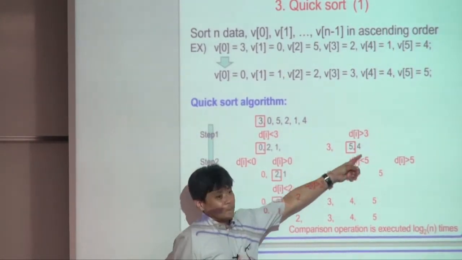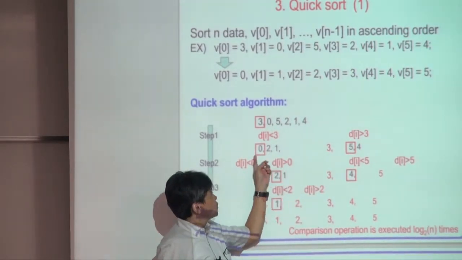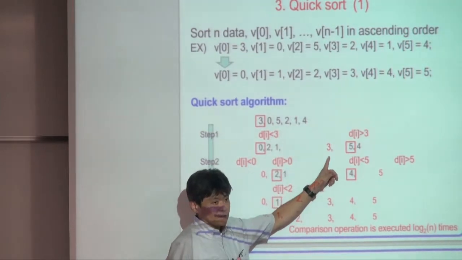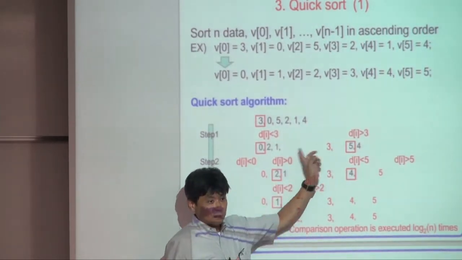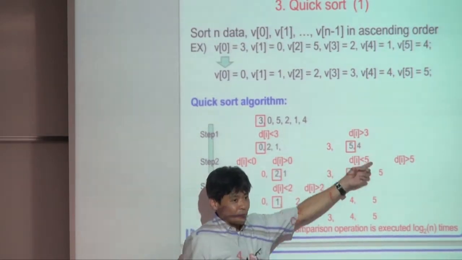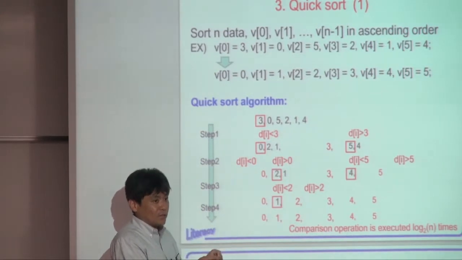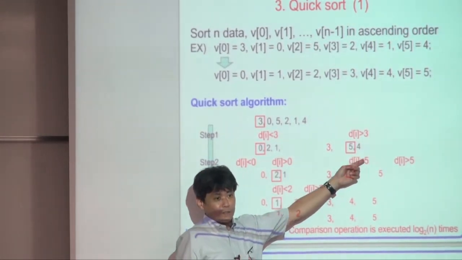So this is the first element, and in this group each element is less than 3, and in the other each element is larger than 3. So you can divide into 2 groups. Then a similar operation applies to these groups.